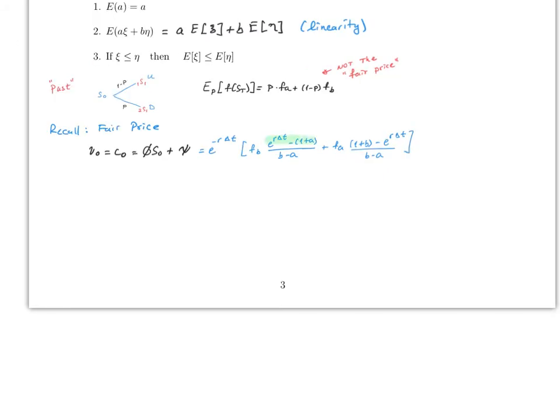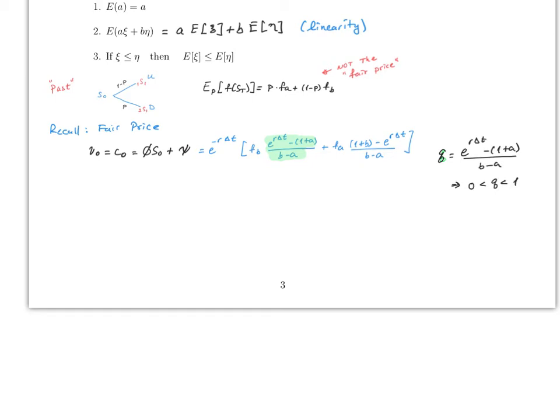If you pay close attention, this is what we call q, and q is defined as (e to the r delta t minus 1 plus a) over (v minus a). We already showed that q is a probability. In fact, it is between 0 and 1.